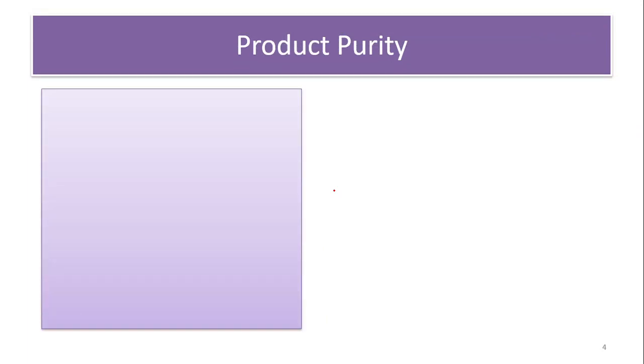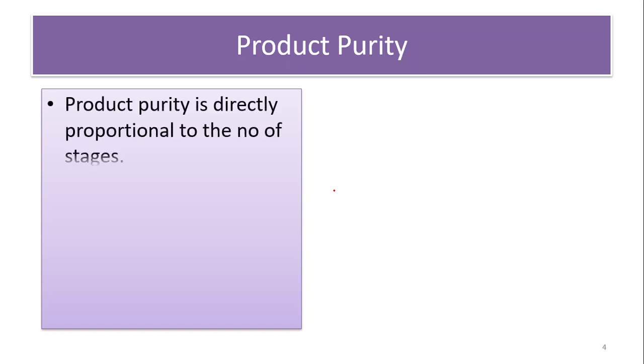Now come to the second parameter, that is the product purity. Product purity means we need a purer form of the product from the top and bottom. For example, if a binary mixture of A and B is fed into the column, we need 90% pure A from the top and 90% pure B from the bottom. A second company requires 95% purity. So 95% is obviously purer compared to 90%.